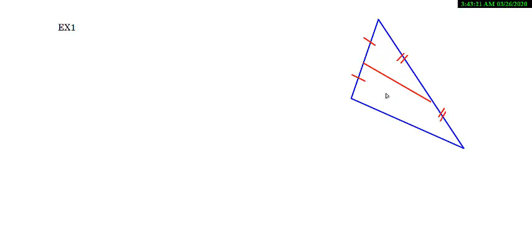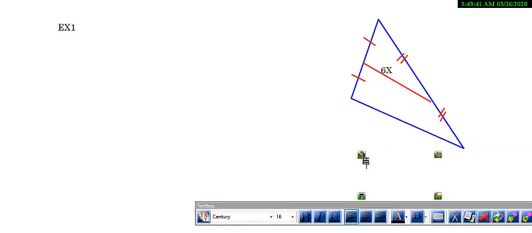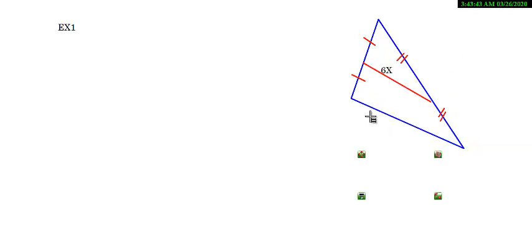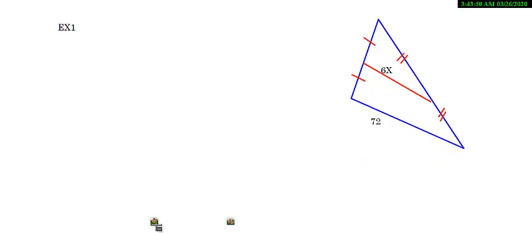So this is the mid-segment of the triangle. The length is 6x, and the length of that side is 72 units, the largest length.